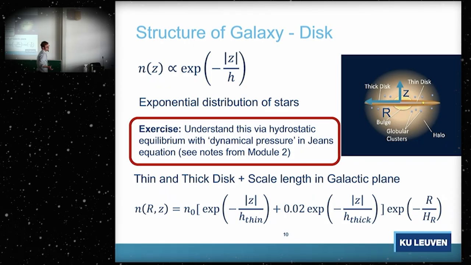Okay, so if we put this into some sort of coordinate system, where again we have the scale length, that is the distance from the center in the disk, this is the exponential that we have already encountered, r over the scale length h_R, right? But then when we go vertically in the disk, we will also find roughly an exponential distribution of stars. Now we have another scale height associated with that.